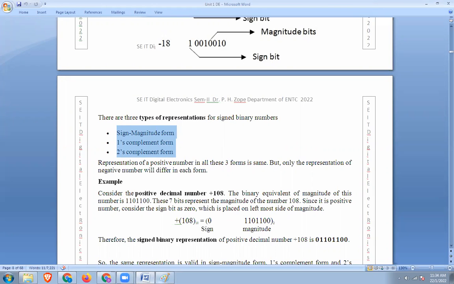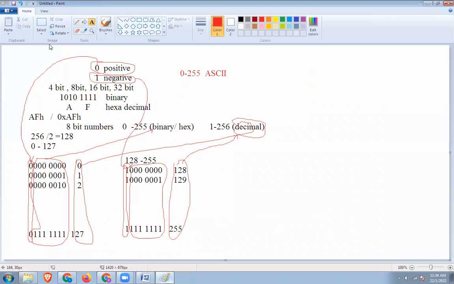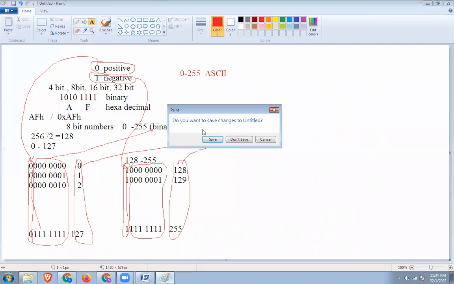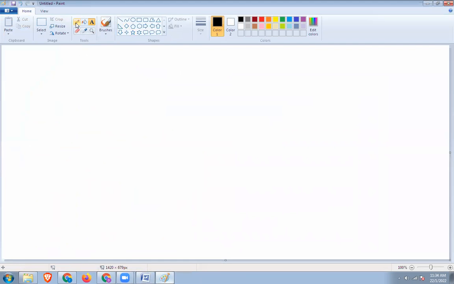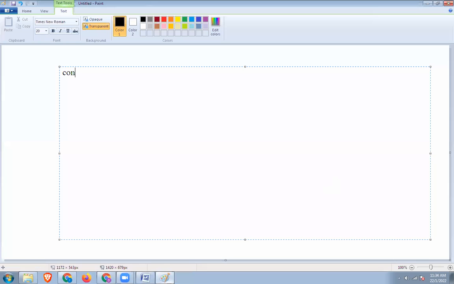Okay, so here in case I have a number, okay, so here I am just scratching this. If I say I have a number, okay, that is 64.